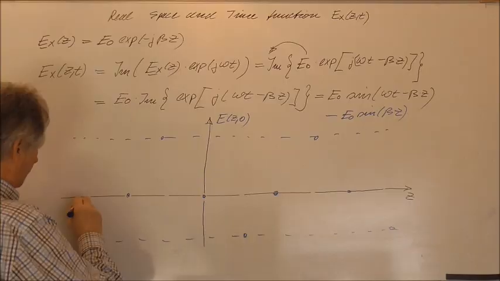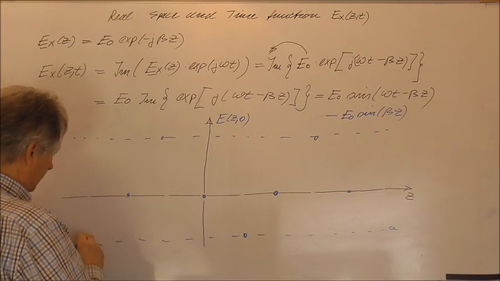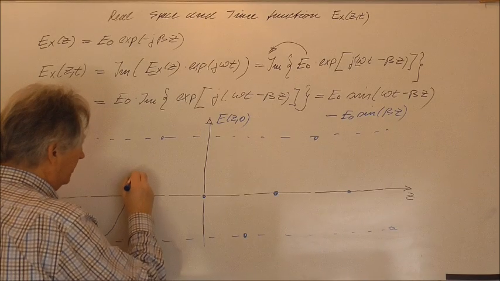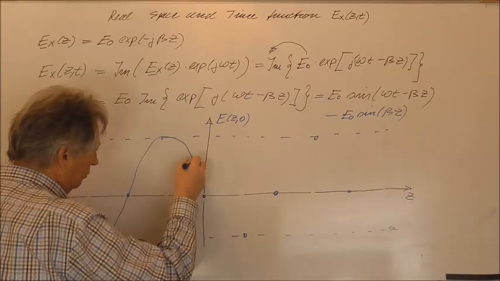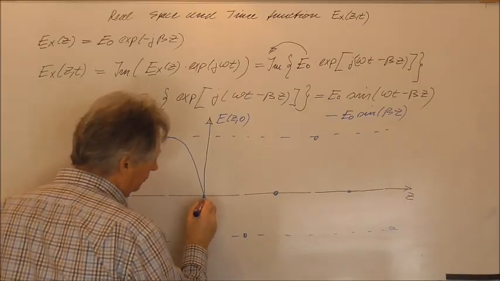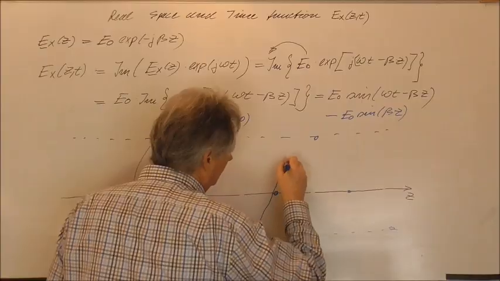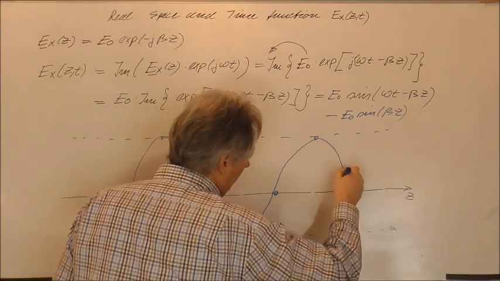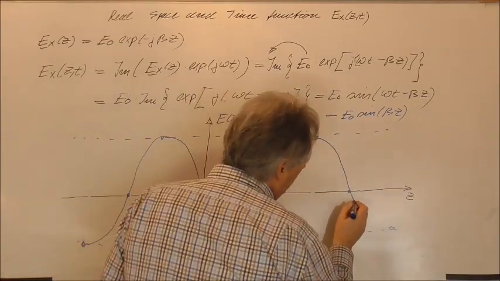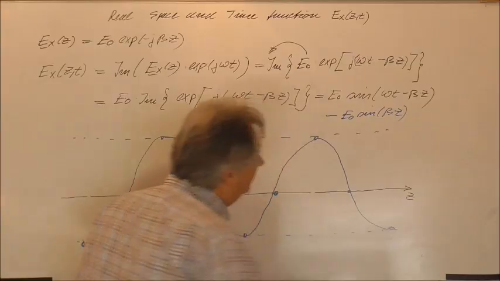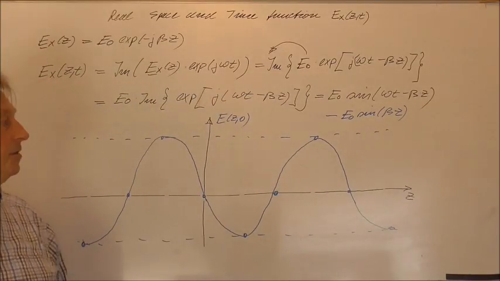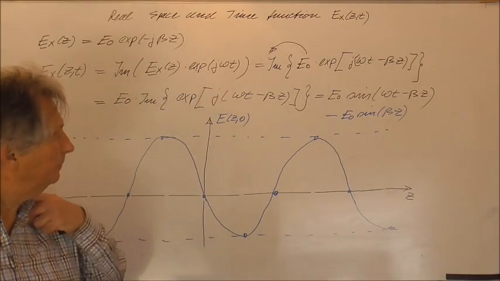If I draw this function, it looks almost like this. We will have a sinusoidal field distribution along the z-axis at the time instant t equal to 0.